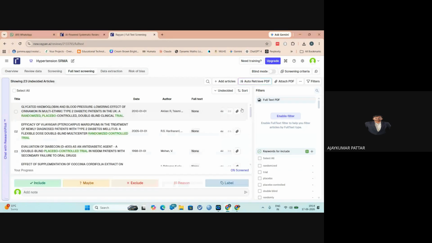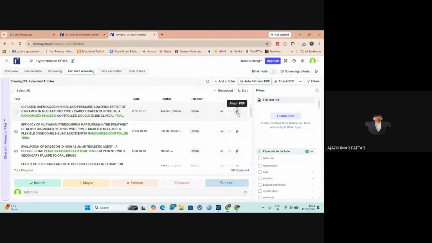Initially, this interface has changed many times. Options are here and there, and new additions keep coming. Initially, this kind of interface for attaching the PDF was not there. Only the upload option was there. But now they have made three options.